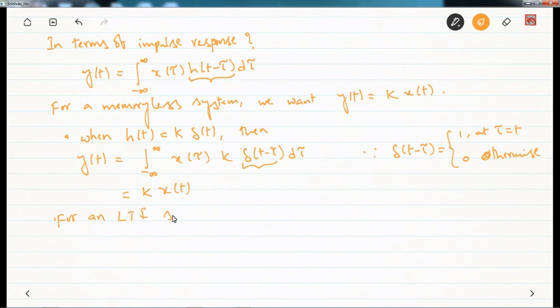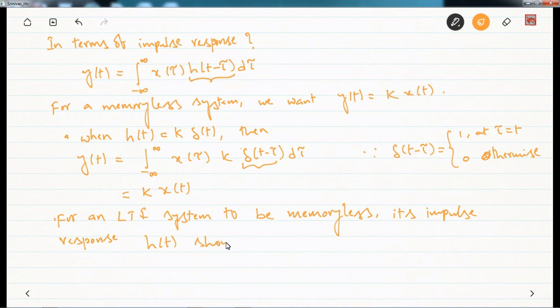for an LTI system to be memoryless, its impulse response h of t should be equal to 0 for t not equal to 0.